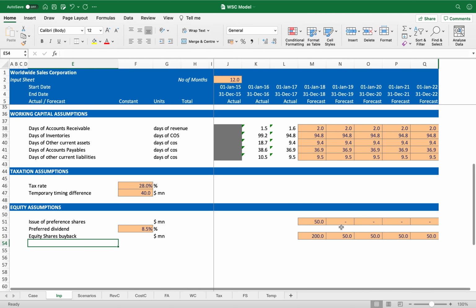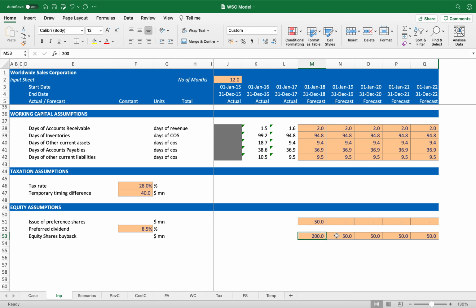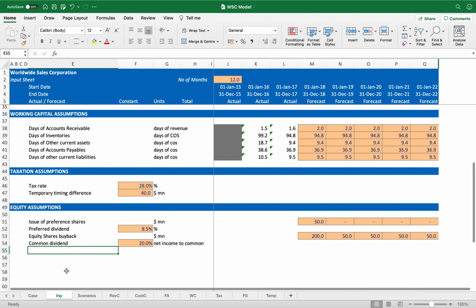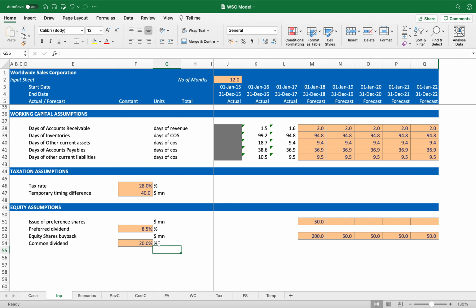So shares buyback, 200 million in 2018 and 50 million thereafter. And common dividend rate was 20% of net income to common. So this is also a percentage.